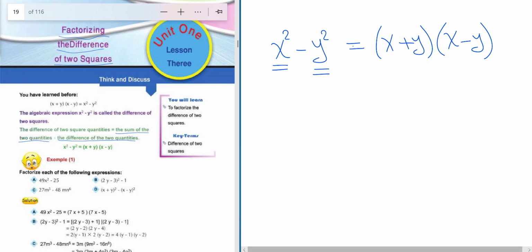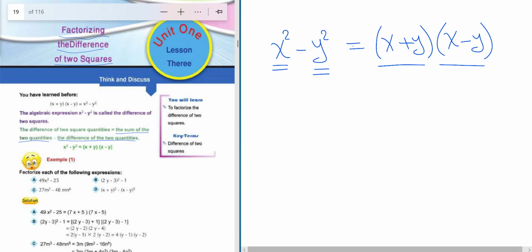We find the square root of the first and the second, adding them in one bracket and taking the difference between them in another. The sum of the two quantities times the difference of the same two quantities.